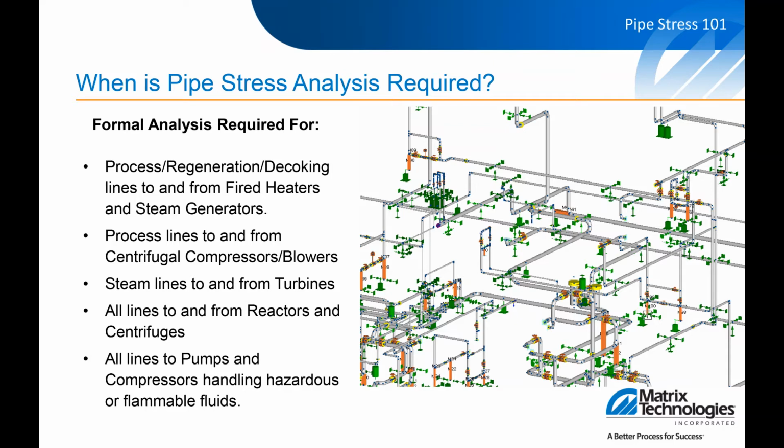And if you look at some of these pieces of equipment here, you're going to have fired heaters, steam generators, process lines to and from centrifugal compressors and blowers, steam lines to and from turbines, any kind of a line going to a reactor or a centrifuge, lines to pumps and compressors that are handling hazardous or flammable fluids.